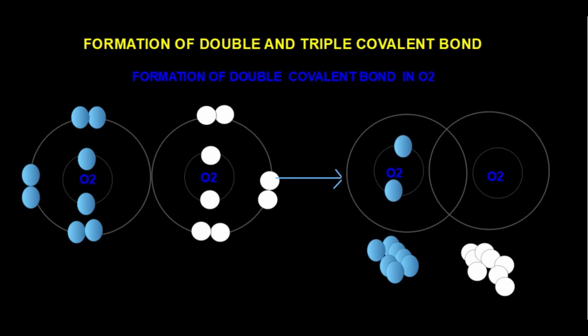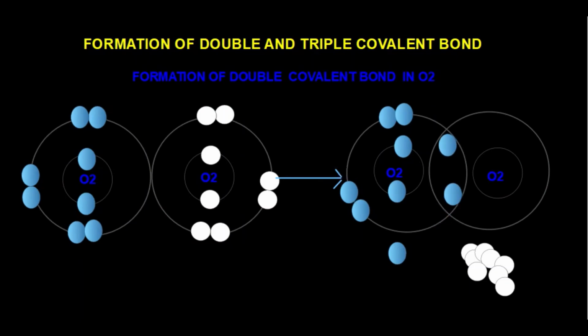We will place 2 electrons in the K shell. 1, 2, 3, 4, 5, 6.